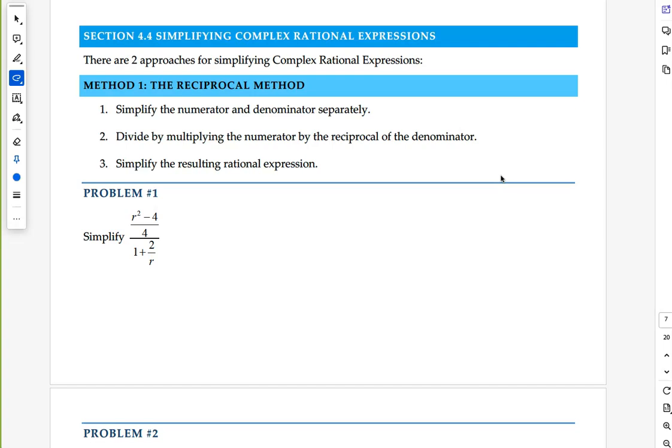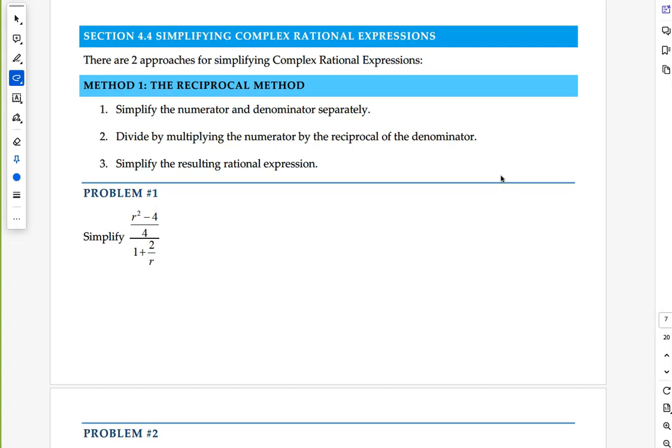So we're going to take the stuff that you know from multiplying and dividing rational expressions, and also adding and subtracting rational expressions, and now we're putting both of those together. There are 2 different methods you can use to do this.